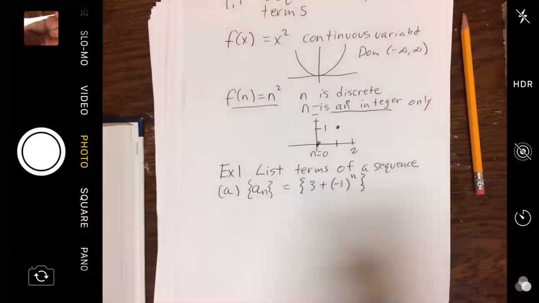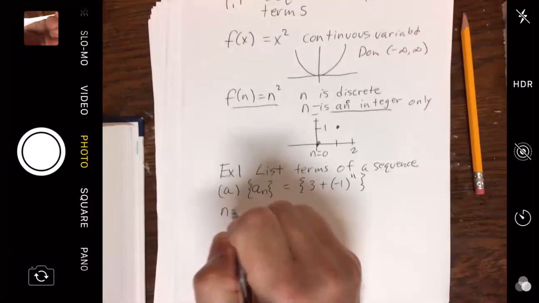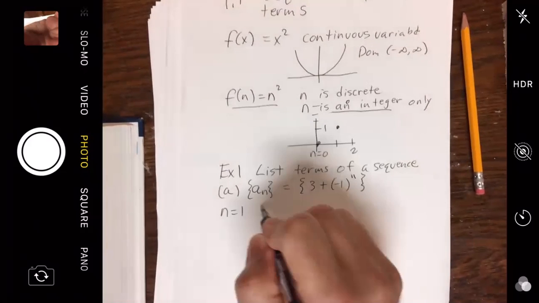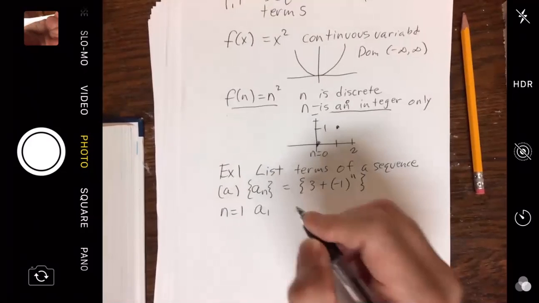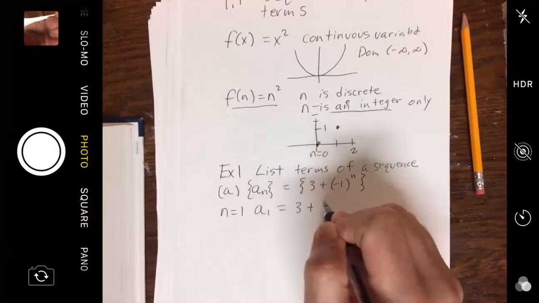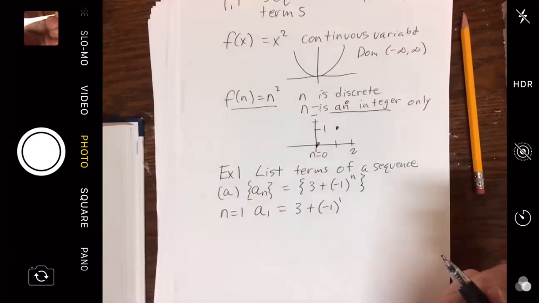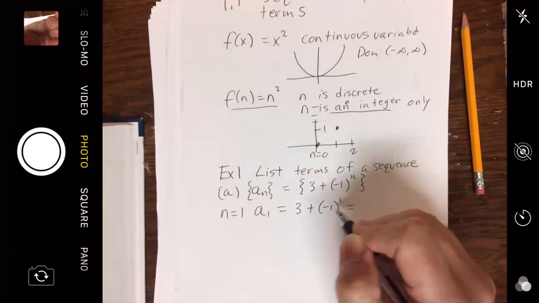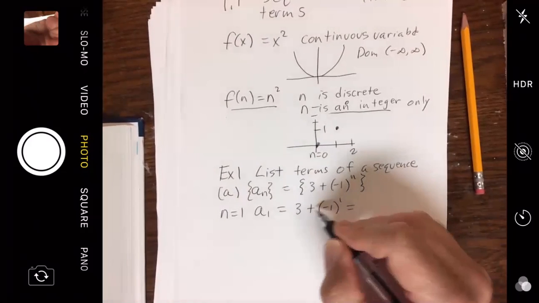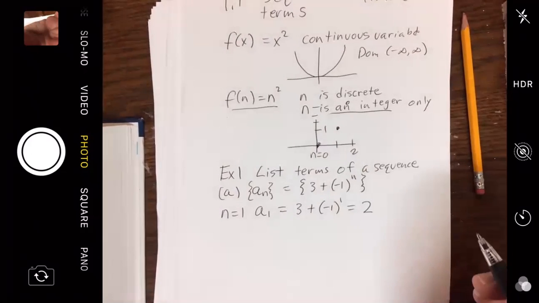They don't really say how many terms. But say n equals 1, and you literally plug in, that would be the a1 term, plugging in n is 1, and you'd get 3 plus (minus 1) to the 1. Well, minus 1 to the 1 is negative 1, so 3 and negative 1 give you a 2.